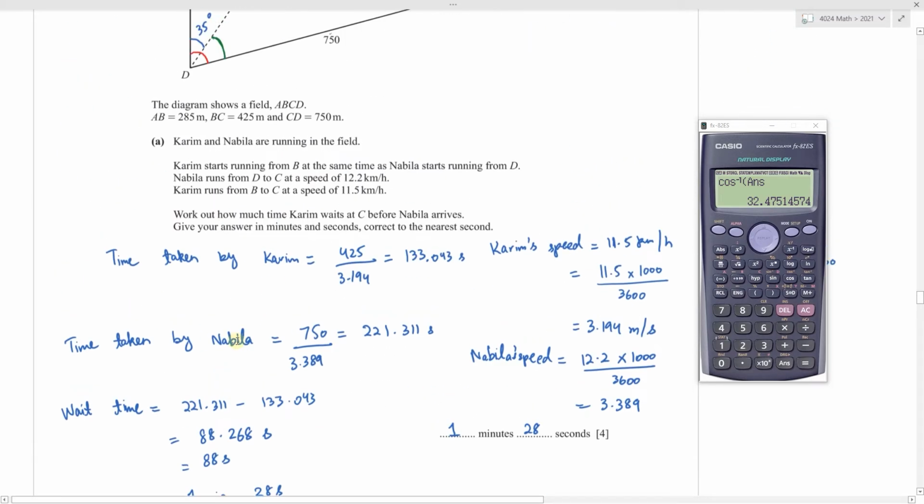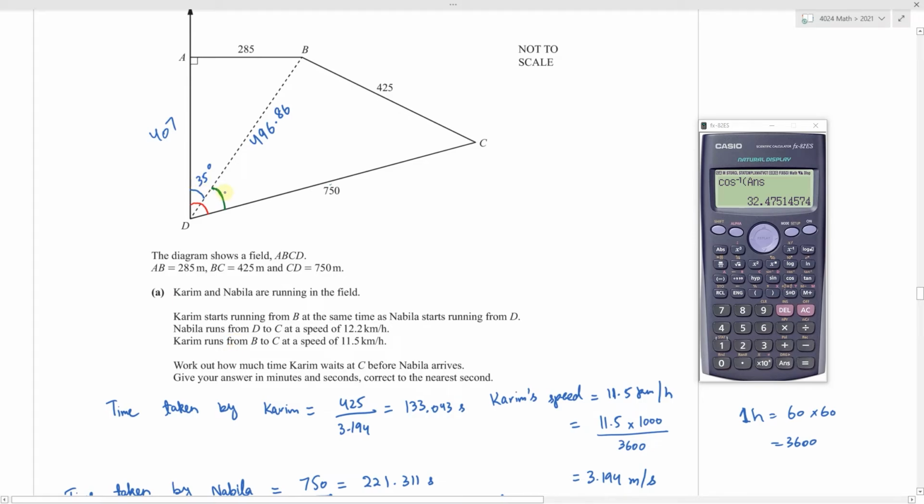So now the bearing that you have to calculate of C from D. So this bearing will be this 35 plus what you calculated, this value, 32.475. So I will add these two to get the bearing.